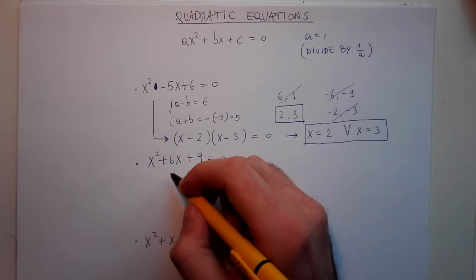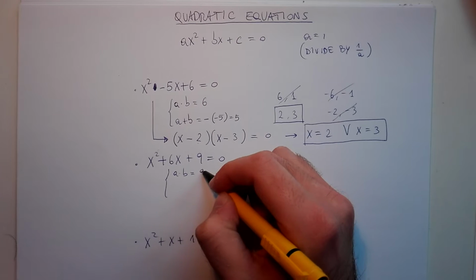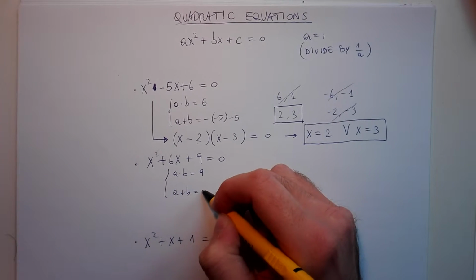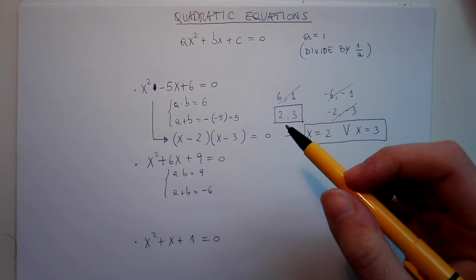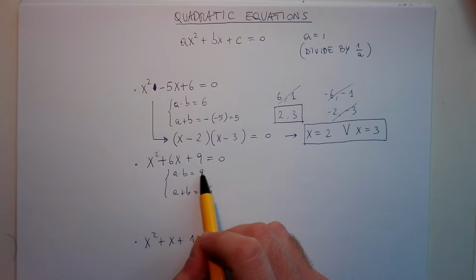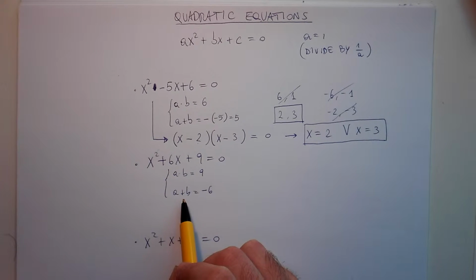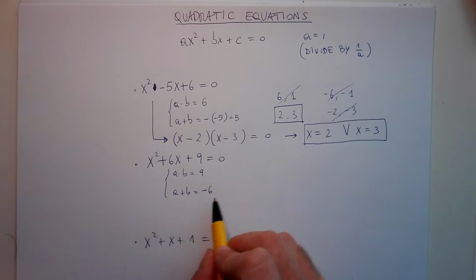So we have to look for two numbers, a and b, such that their product is 9 and their sum is minus 6. There are again many numbers that can be multiplied to give 9, but just one pair will satisfy this equation.